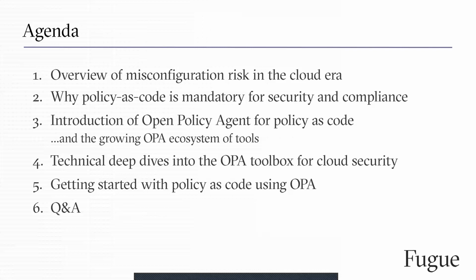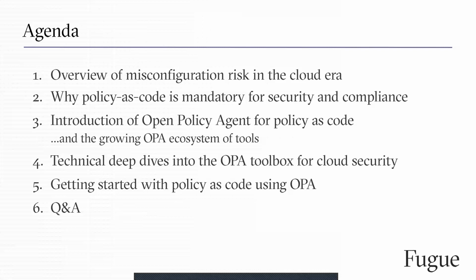We're going to look at why policy as code is so critical for security and compliance, really mandatory to do it properly. We're going to spend a fair amount of time introducing you to Open Policy Agent for policy as code, including the growing OPA ecosystem of tools. The folks who wrote it call it OPA, by the way. Then we're going to do a little bit of technical deep dive into the OPA toolbox.